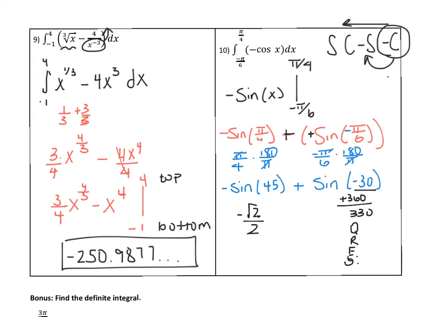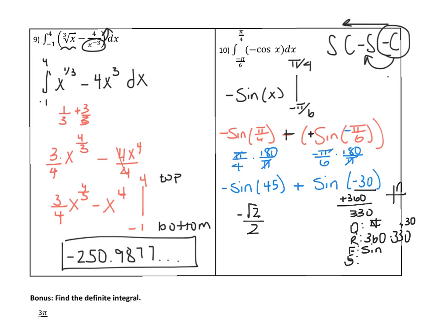So what quadrant are we in for 330? Well, you should be telling me quadrant 4. How do I find a reference angle in quadrant 4? It's 360 minus the angle. So 360 minus 330, which is 30. Put that up there. And what function are we dealing with? Sine. And S stands for sine. So what do I know about sine in quadrant 4?